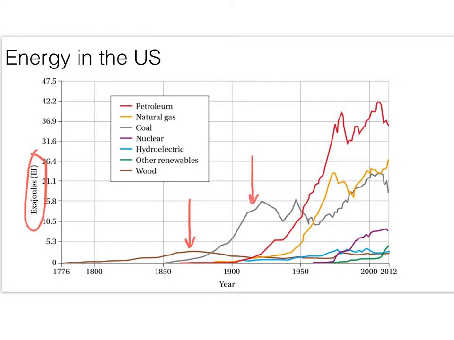Coal peaked, and then it's stayed relatively flat. We certainly use a lot of petroleum, and we'll talk about what exactly that is. And natural gas has also been quite a bit on the rise. Nuclear represents only a small amount of our total energy input, as well as other stuff like renewables and hydroelectric.